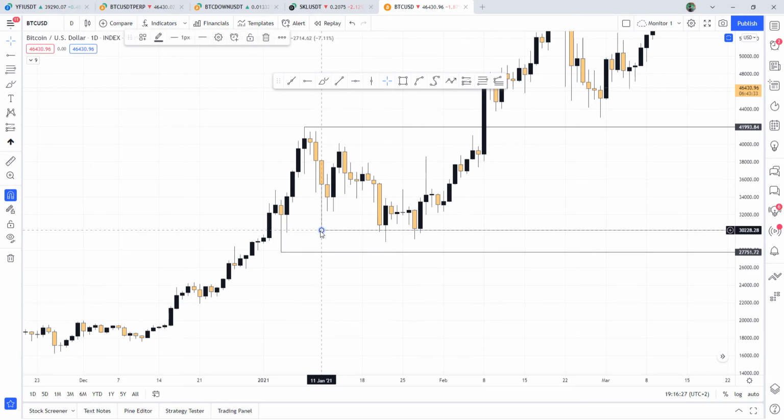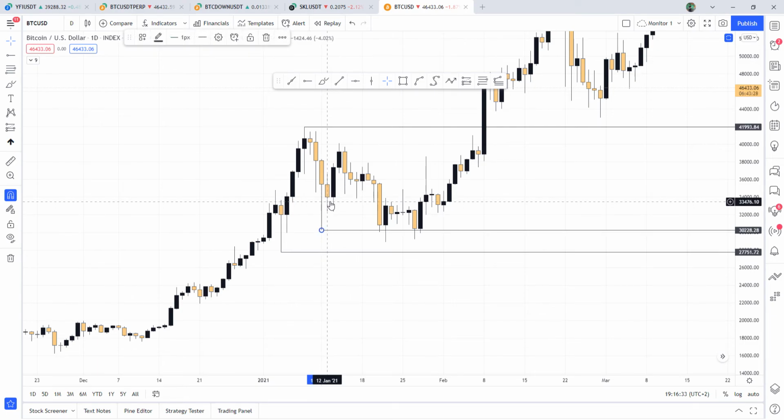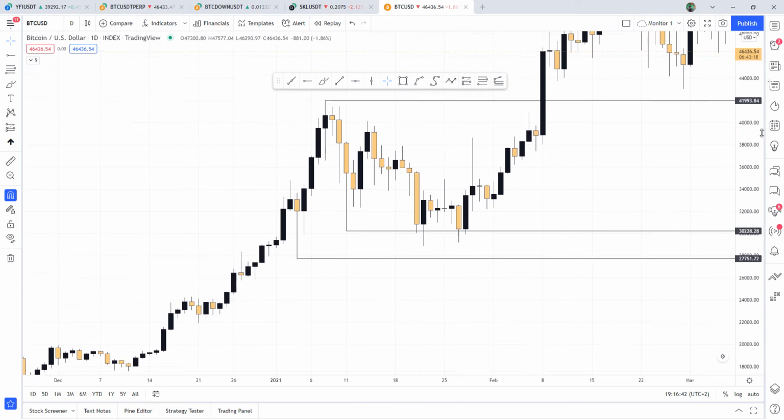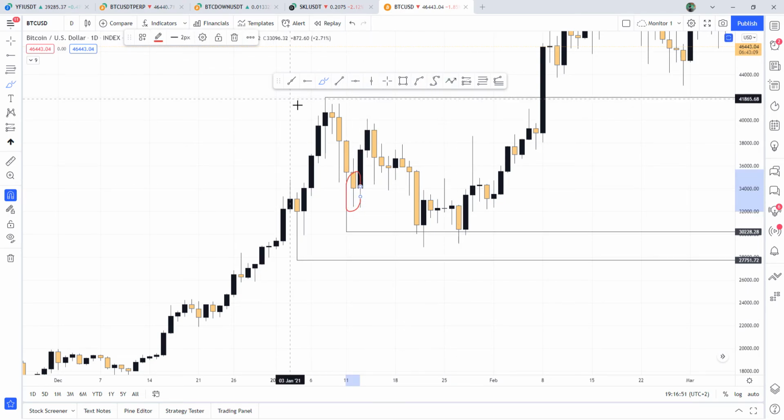Then it's important here, for example, you also have another candle down here, but if you have a long wick like this that is lower than the next one, then you also mark this one. So you mark the longer one.